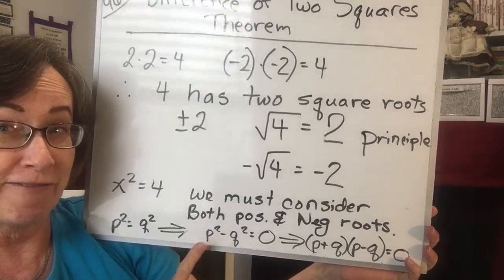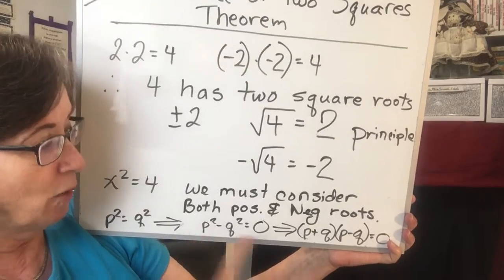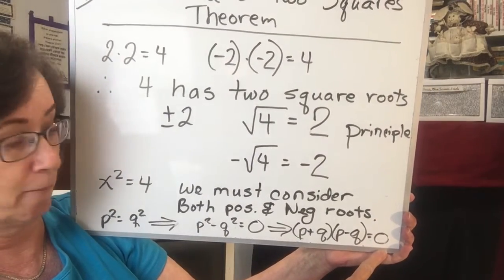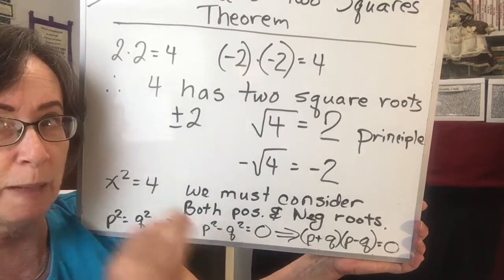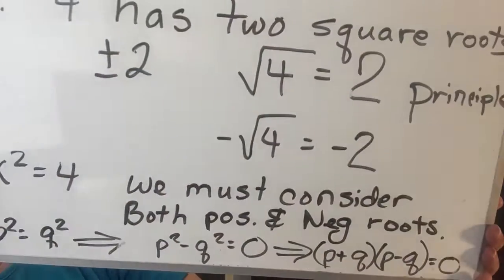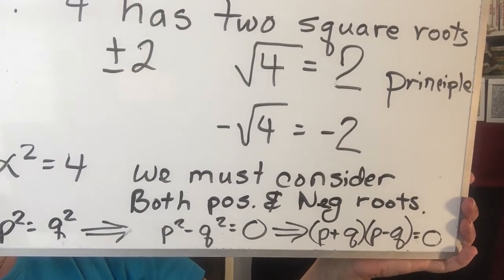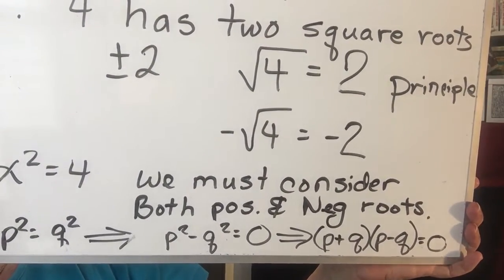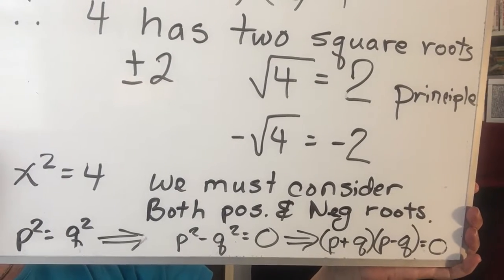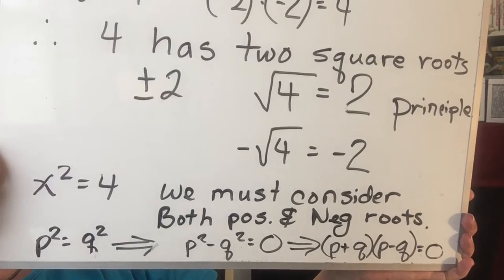If we were to factor that, we would get p plus q times p minus q is 0. All right, so we're developing this theorem here. So let me let you see that, and then we'll erase the board and move on so that you can see the theory behind this theorem.